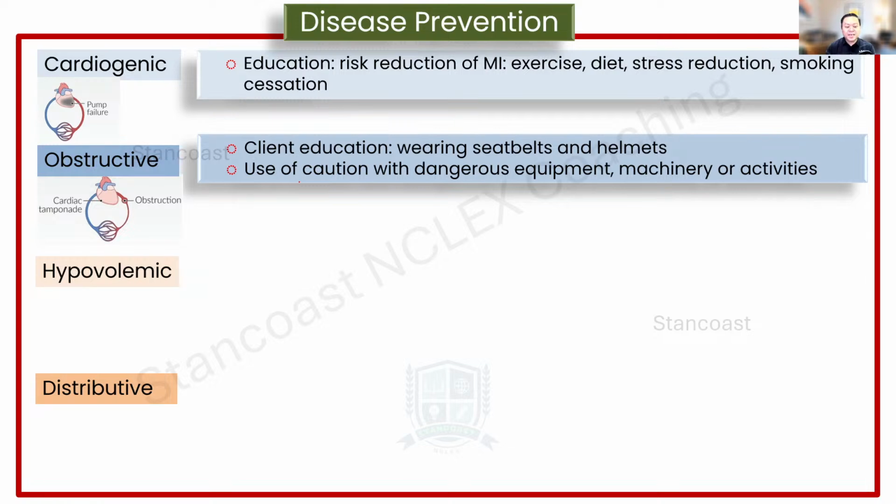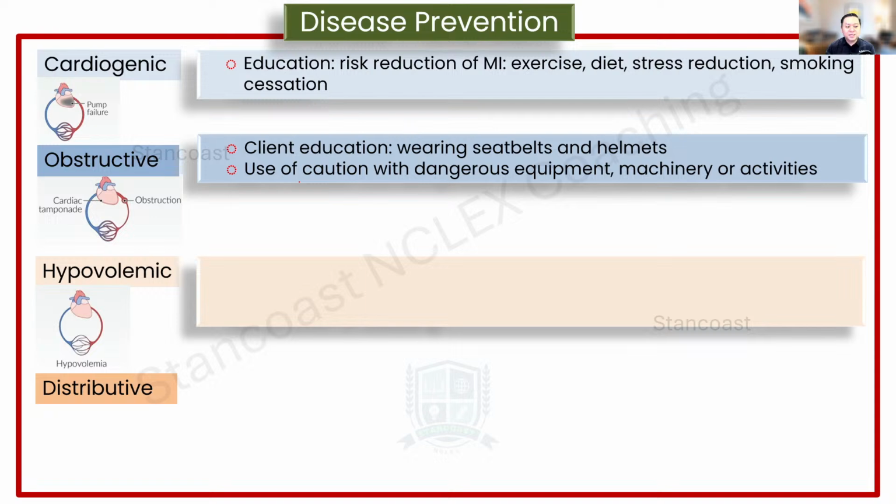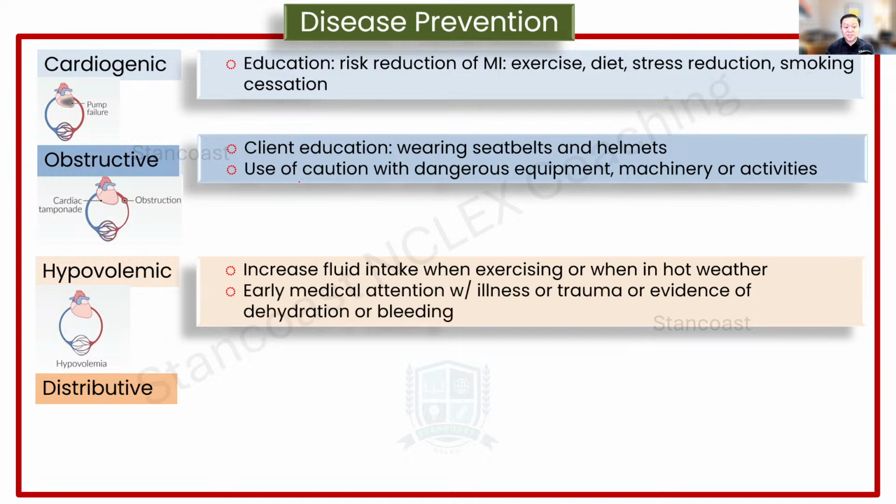Now, another is about the prevention of hypovolemic shock. So what can you do for this patient? Well, if no restrictions, you can advise the patient to increase their fluid intake when they're exercising or when they're exposed to hot weather, and also make sure that they seek early intervention if they are ill, or let's say when they encounter a trauma, or if they are bleeding out, then they need to seek early intervention.